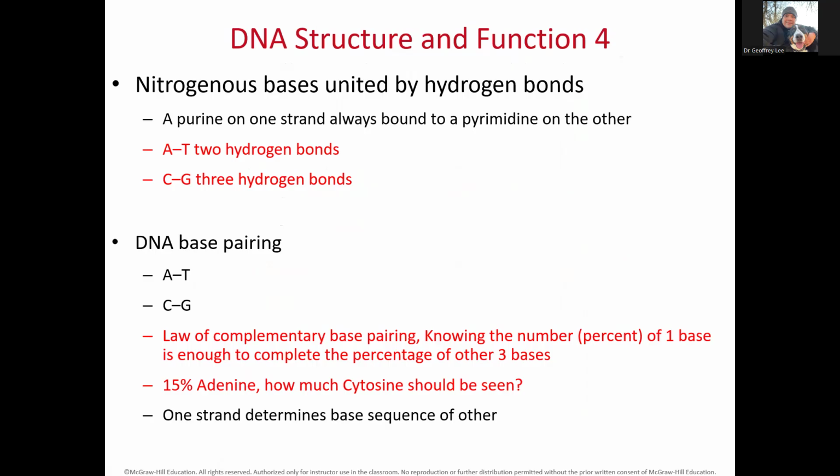If I have a region of DNA, a very long strand of DNA, that comes out, and when we measure it, it has 15% adenine, how much cytosine is it going to have?